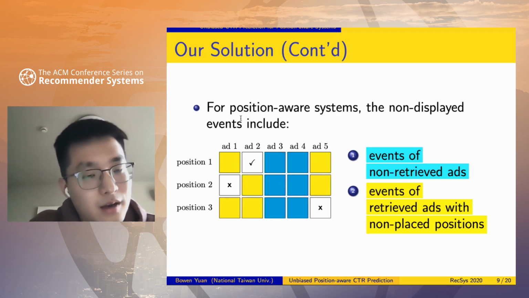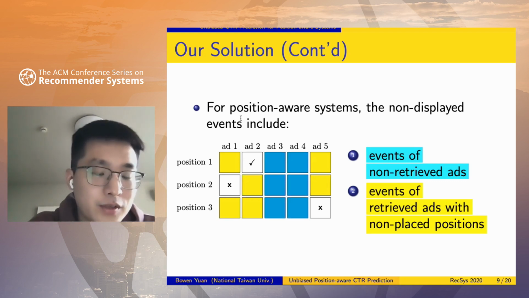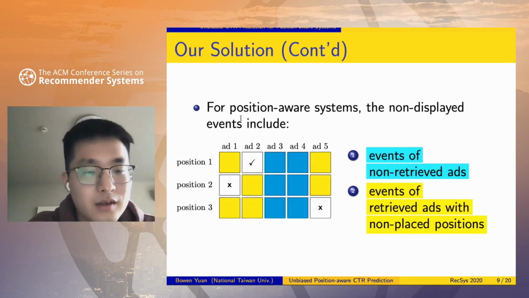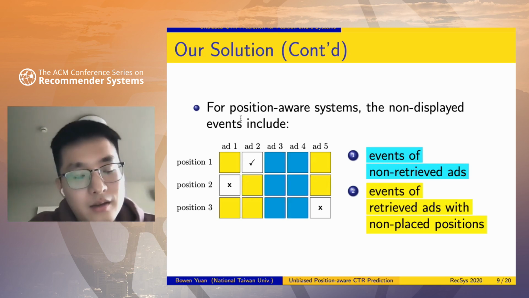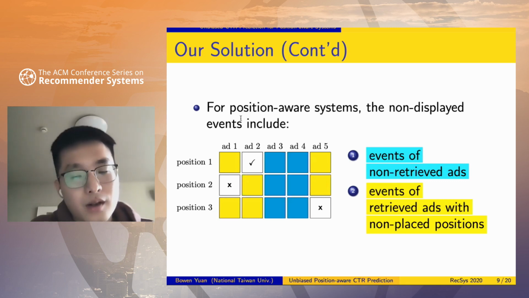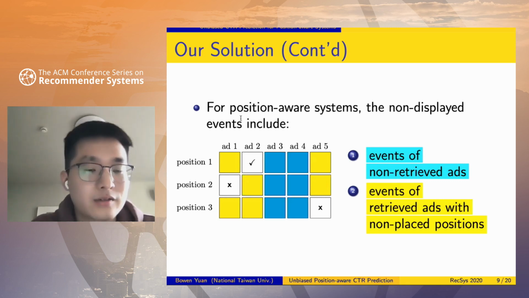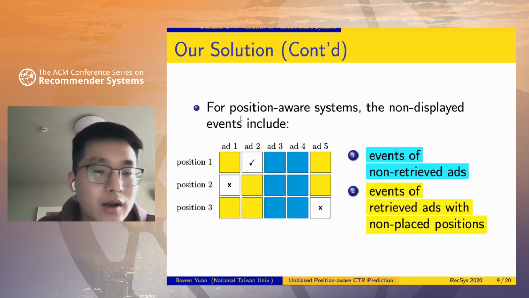In these examples, ad 1 was retrieved in position 2, but for position 1 and position 3, the events of ad 1 with these two positions belong to the second type. We color them yellow.